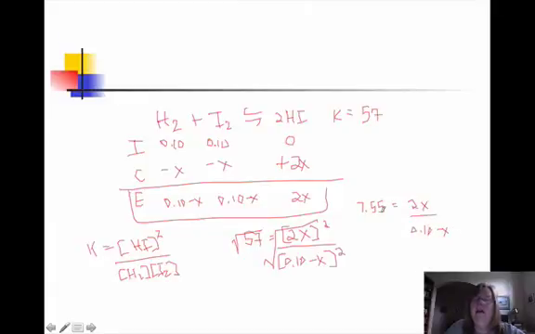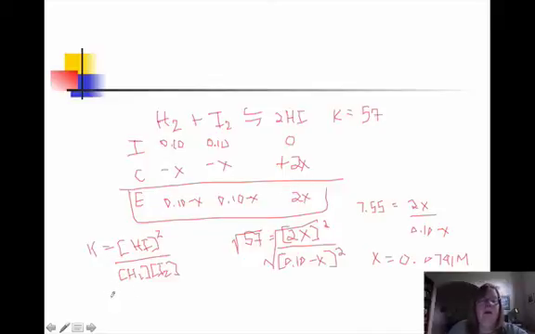All right, now we're going to cross multiply, divide by 2, and when I'm all done and I have solved for x, and maybe you're going to want to take a moment to do that, I'm not going to do all the math on this screen. I get x being 0.0791 molar.